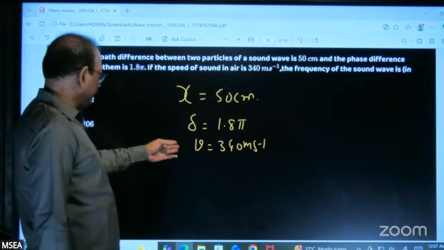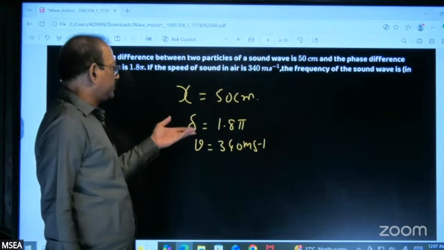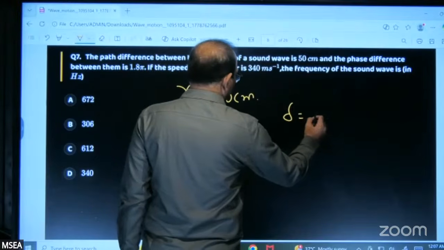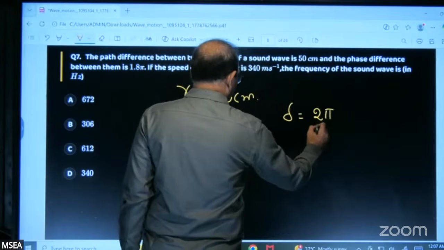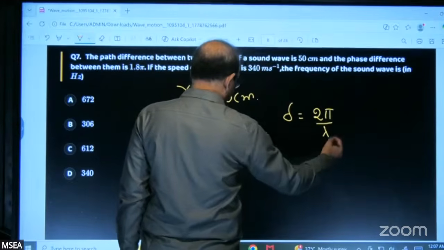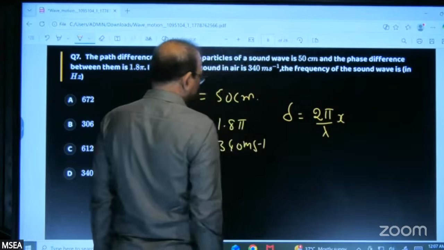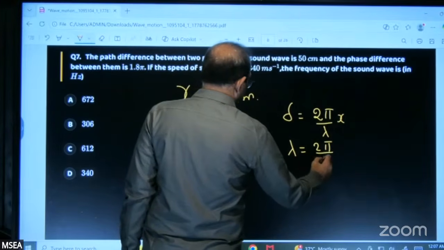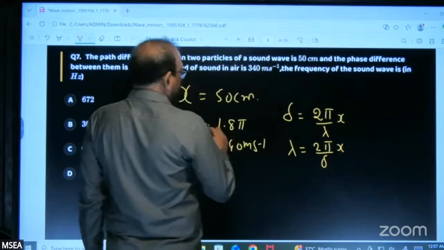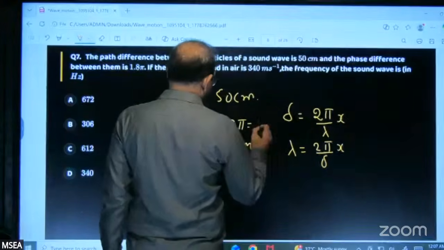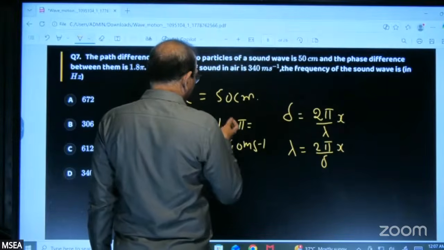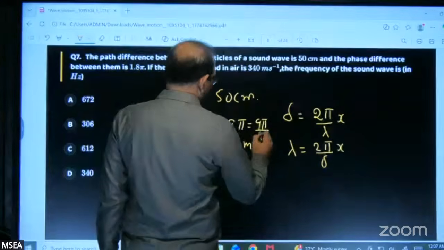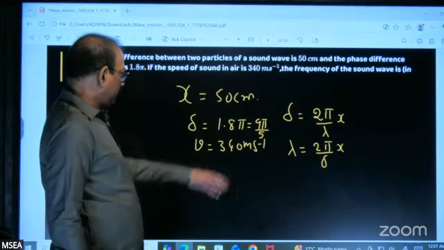Frequency is asked, velocity is given, so first you should find the wavelength lambda. Phase difference between two particles and path difference relation: delta equal to 2 pi by lambda into path difference, no? Lambda is 2 pi by delta into x. 1.8 means 9 by 5 now. 1.8 pi means 9 pi by 5.